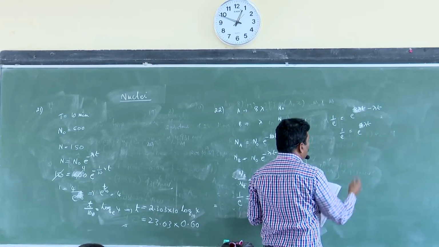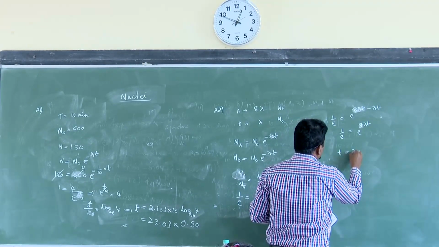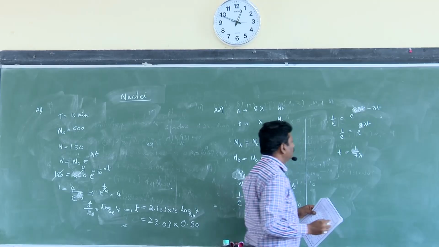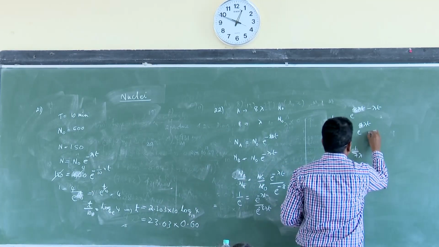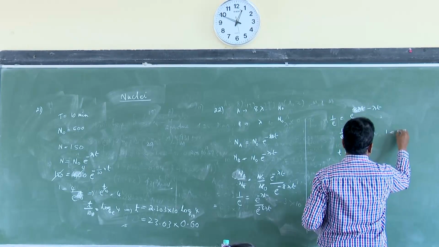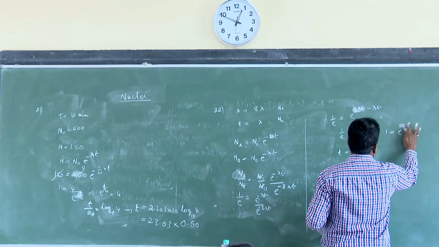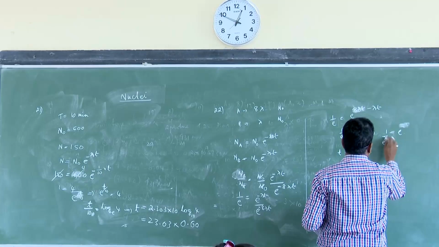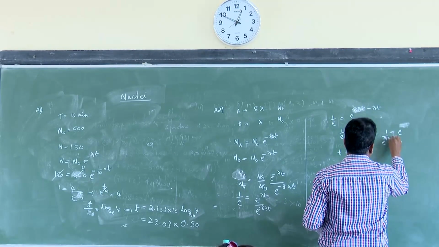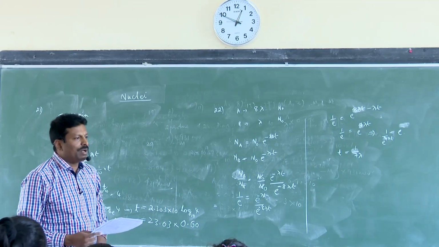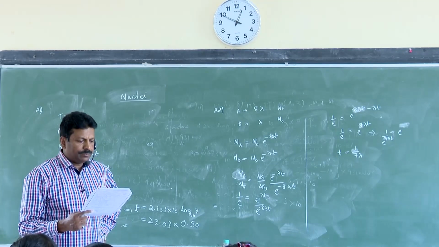So if you calculate that, T will be equal to 1 by 7 lambda. So when you compare that, the time will be equal to 1 by 7 lambda. Understood? So option number A, 7 lambda.